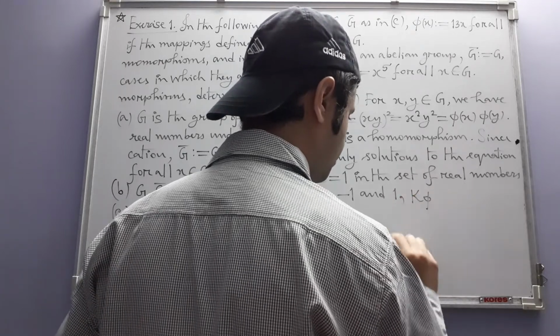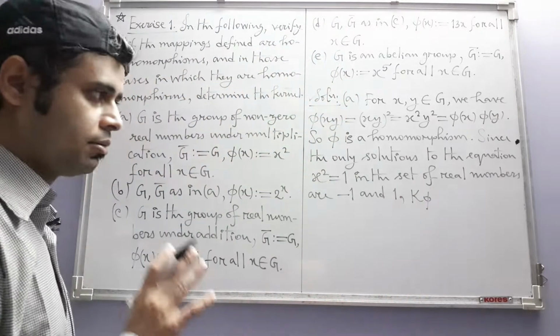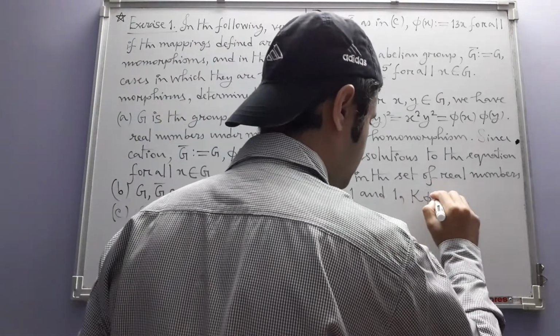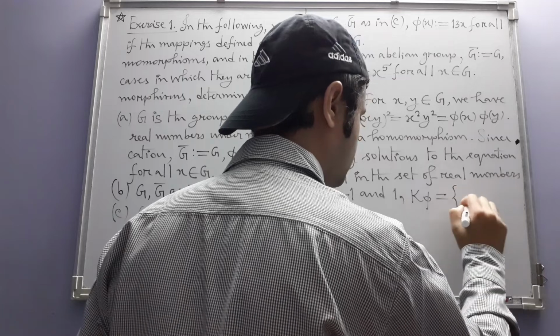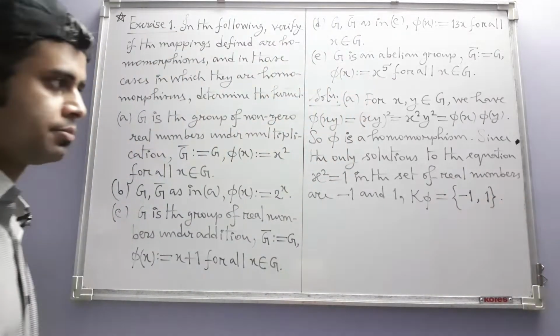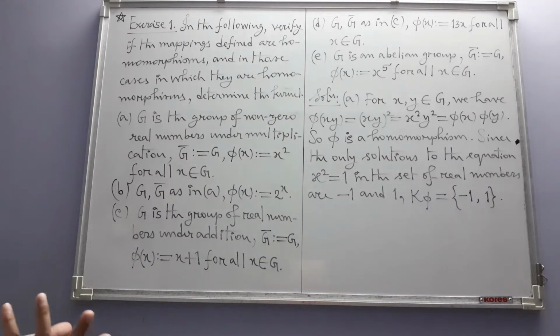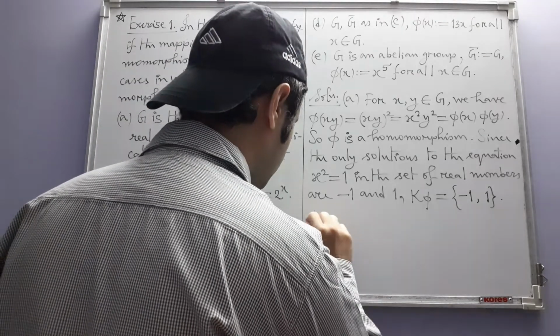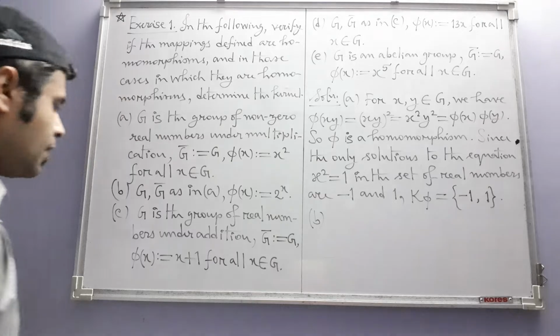The kernel of phi, which we have decided to denote K of phi, K phi means the kernel of phi, is equal to this. Okay, so it is this subgroup of the group of non-zero real numbers under multiplication. Part B.